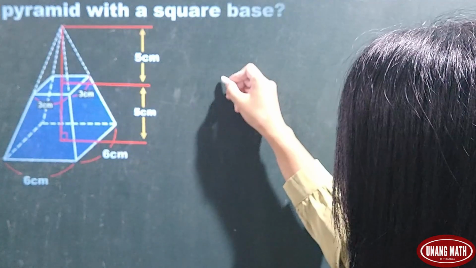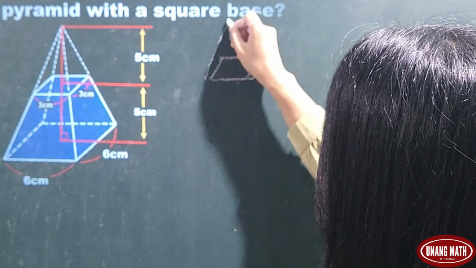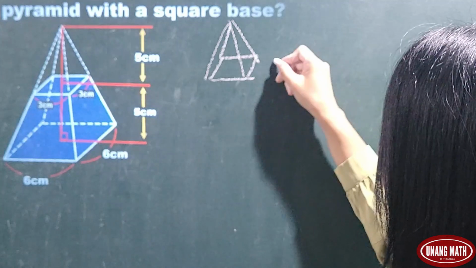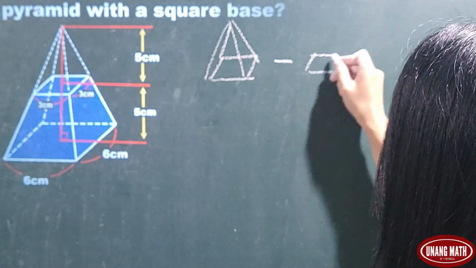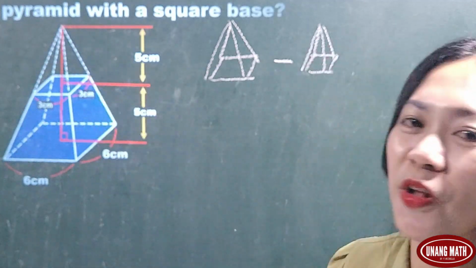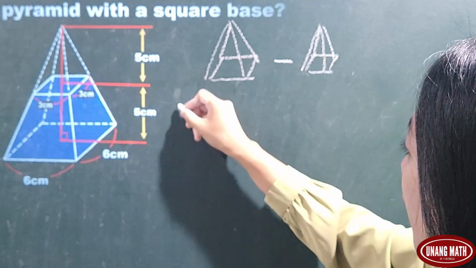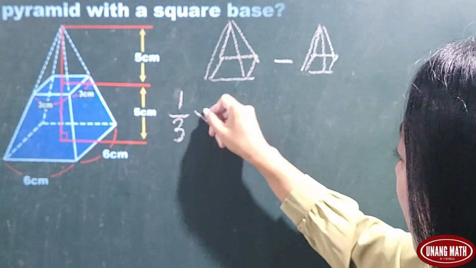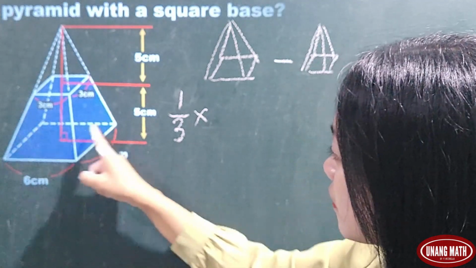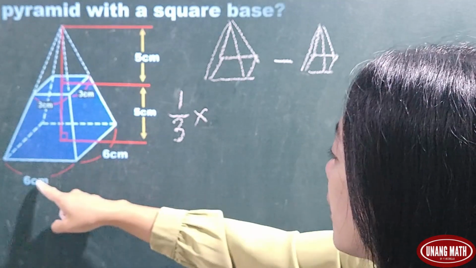So first, we are going to get the volume of the bigger pyramid minus the volume of this smaller pyramid. Let's start with the bigger pyramid. So 1/3 times the area of the base. Since this is a square, one side is 6 centimeters, so 6 times 6, that's going to be 36.